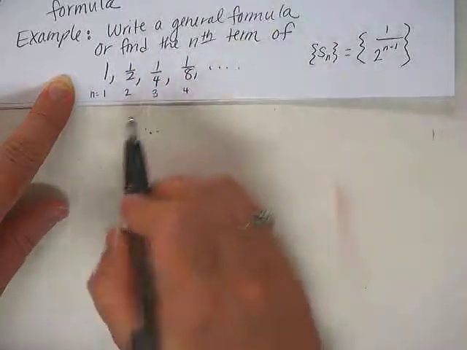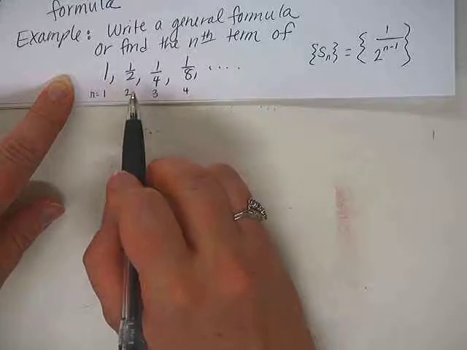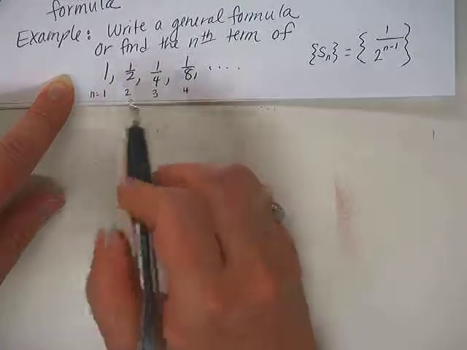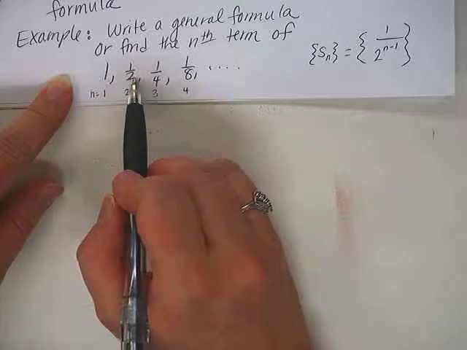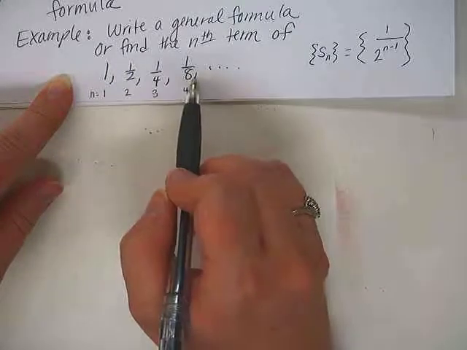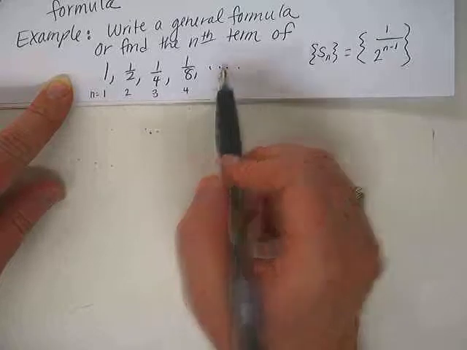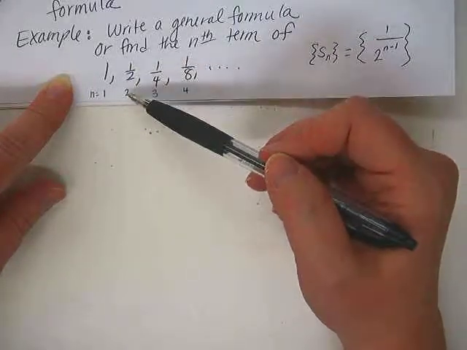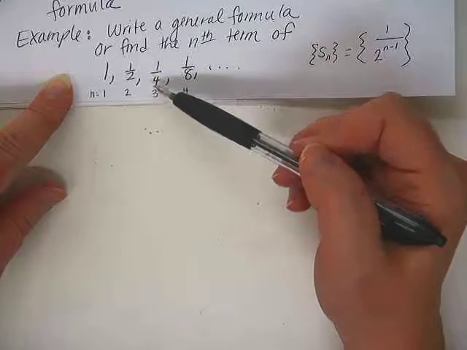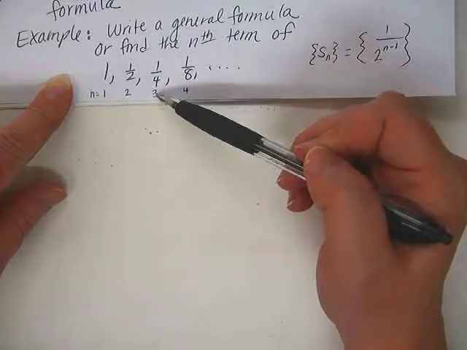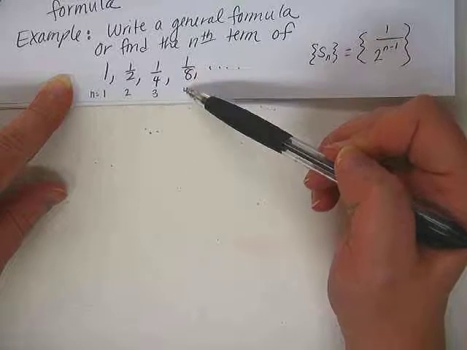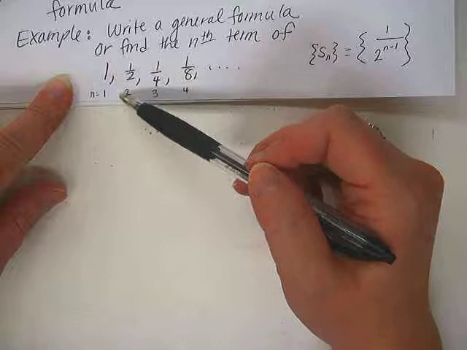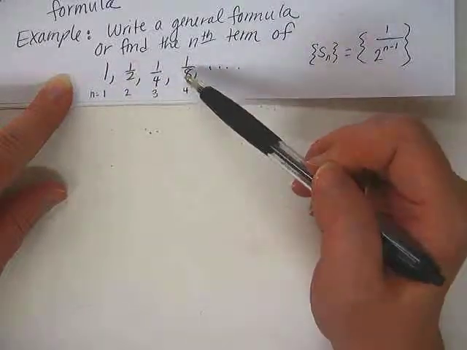So sometimes it helps to actually put your n values there and think, how do I get from this number 1 to that number 1? How do I get from that number 2 to that 1/2? How do I get from that number 3 to that 1/4? So we were just thinking about how this is 2 to the first power, 2 to the second power, 2 to the third power. The next one would be 2 to the fourth power. If you think about those powers, this one was 2 to the first power, that's 1 smaller than this number. This was 2 to the second power, that's 1 smaller than this number. 2 to the third power is 1 smaller than that number.